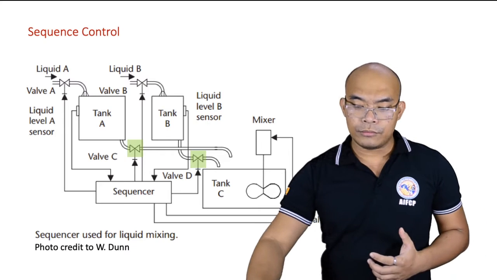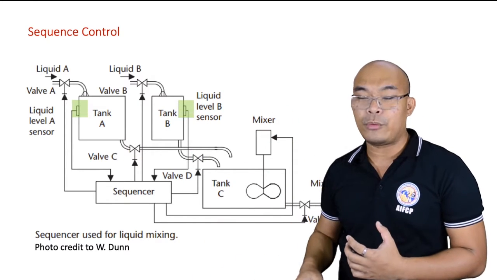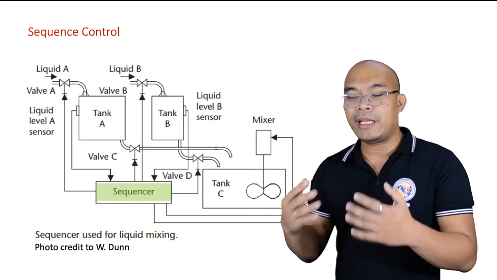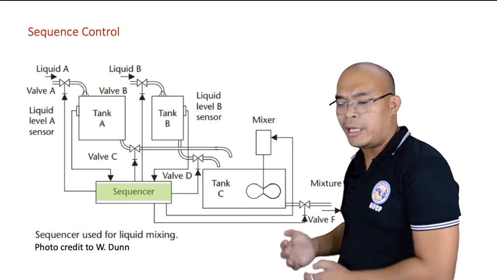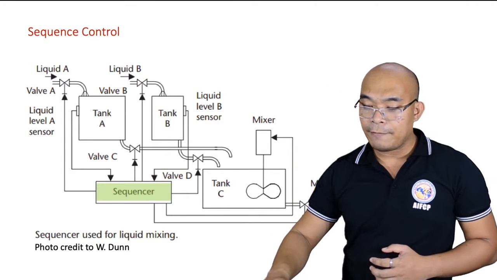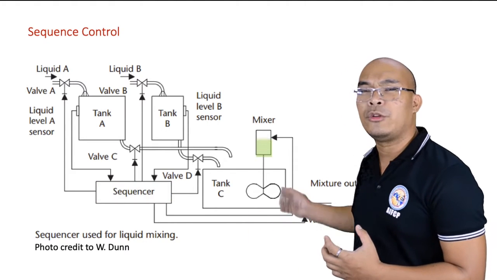And then, yung dalawang sensors natin dyan, will send signal ngayon, papunta dun sa sequencer, na sabihin niya na, puno na, naubos na, na-empty na yung lahat ng liquid ko, napunta na dun sa tank C. So, therefore, ang gagawin ngayon ni sequencer, okay, given a certain amount of time, it will send signal to the mixer.